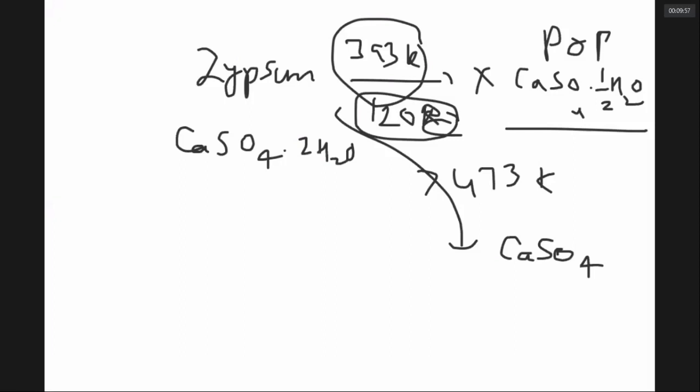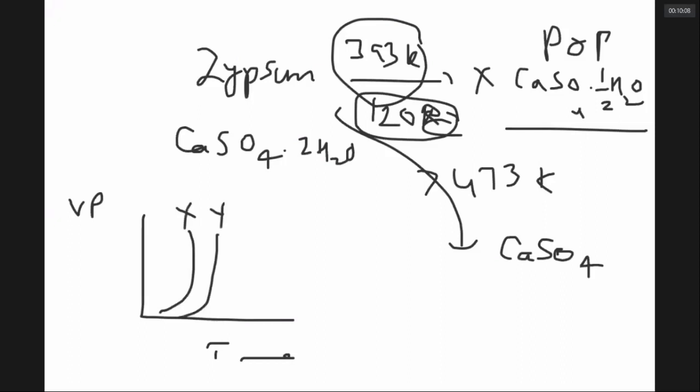Another question is: the vapor pressure of three liquids X, Y, Z against temperature was given. Which one has the weakest intermolecular attractions?